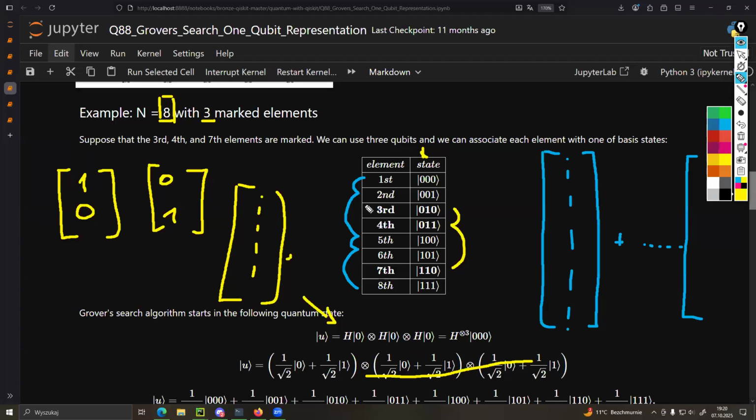So now we could reason with it on a unit circle, because a unit circle is exactly a two-dimensional plane.